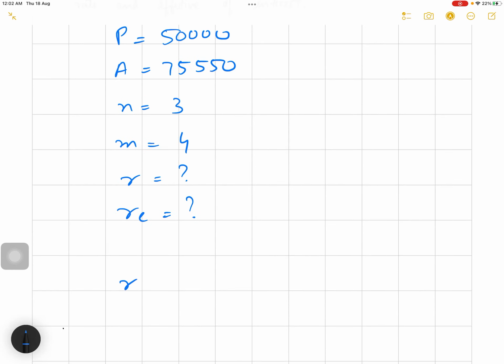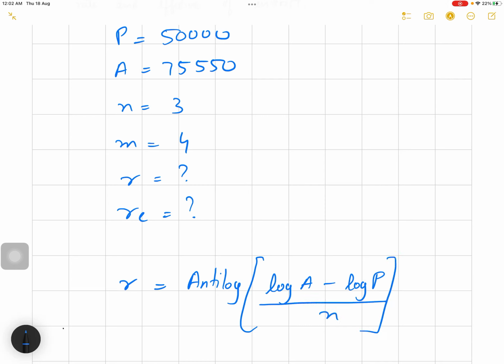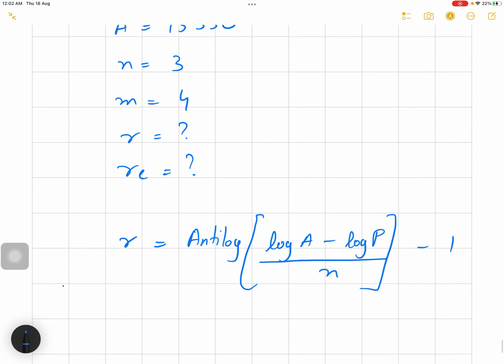So R is equal to anti-log of (log A minus log P) upon N, minus 1. So this is the formula.